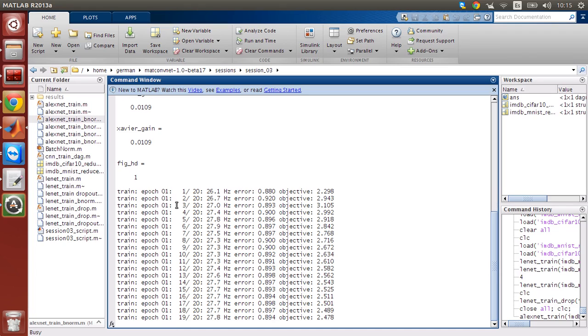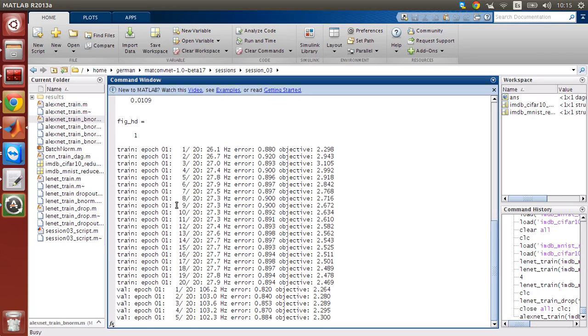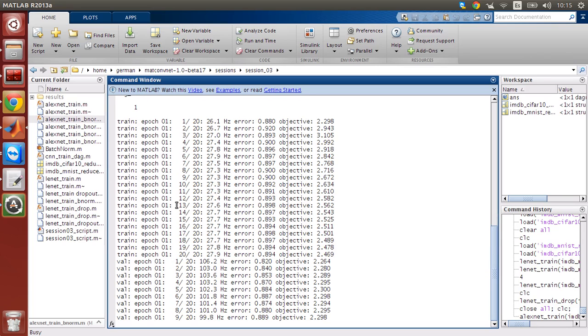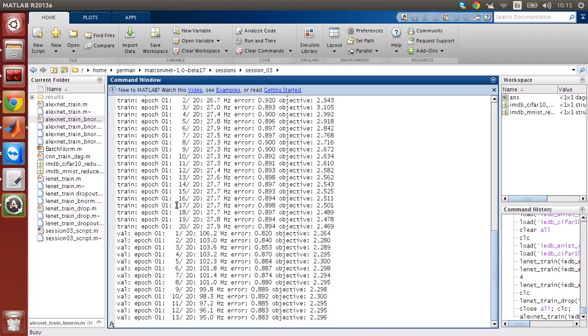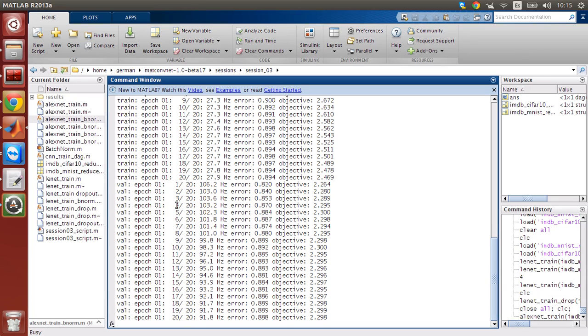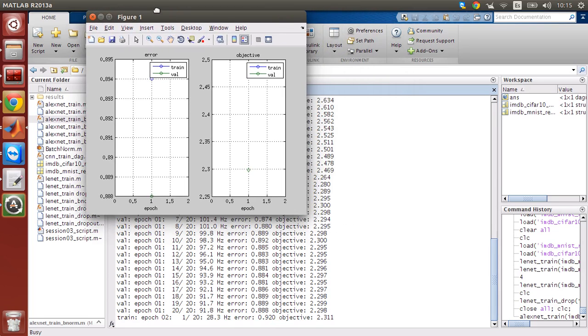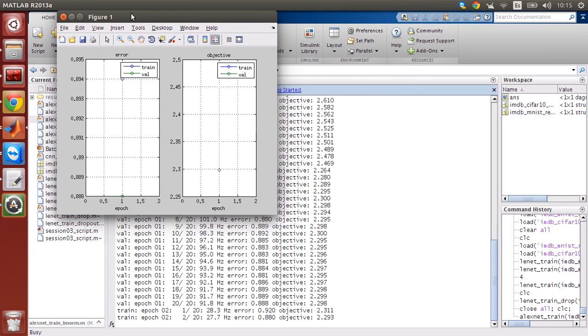This is going to take a bit longer than the previous examples in MNIST, but it can still be done. So I'm going to stop the video and we'll be back with you in a couple of epochs.